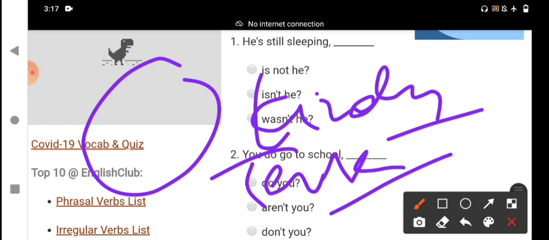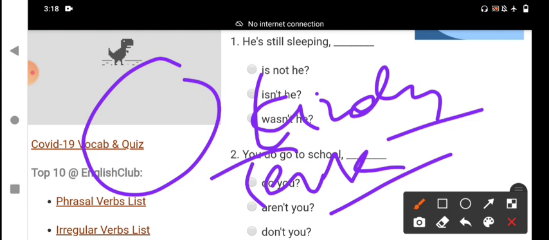You should understand in which tense the given statement is written, my dear students. You need thorough knowledge about tenses and kinds of sentences, whether exclamatory, assertive, interrogative or imperative. In assertive and imperative sentences, both negative and positive forms are there.